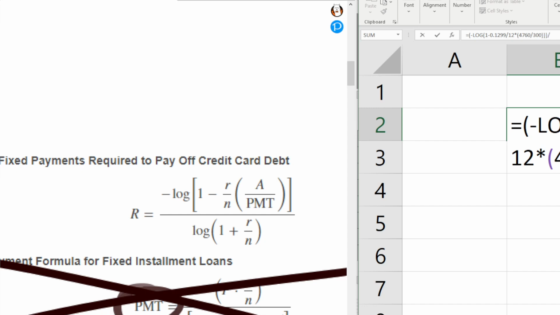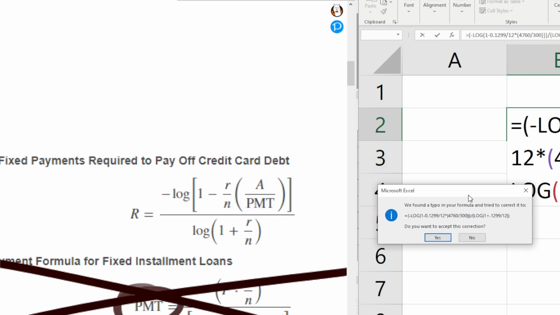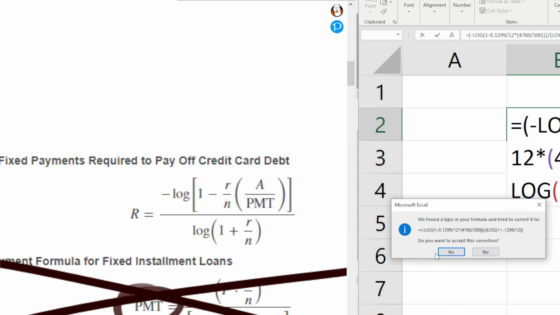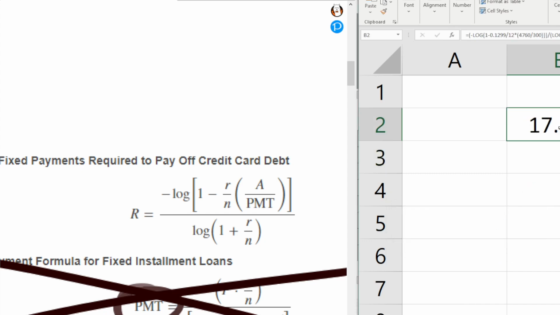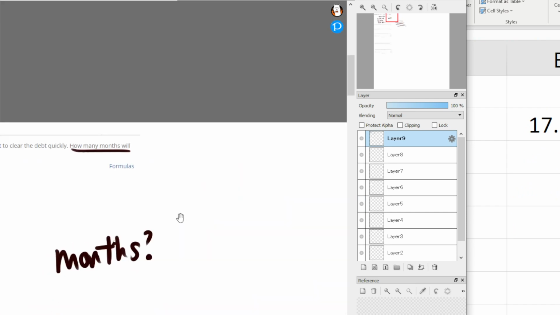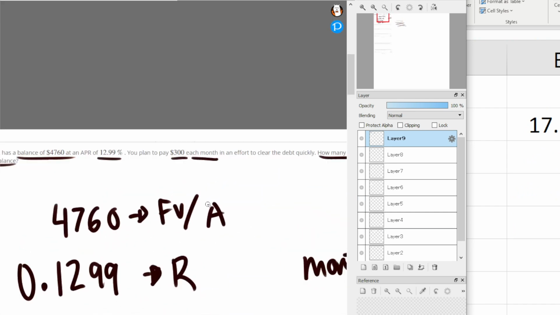Then I divide and open a new parenthesis and do log. It's not negative this time. 1 plus R over N, which was 0.1299 divided by 12, close parenthesis, enter. A lot of times I type it in wrong, and typically their proposed solutions are correct. So I get 17.5.